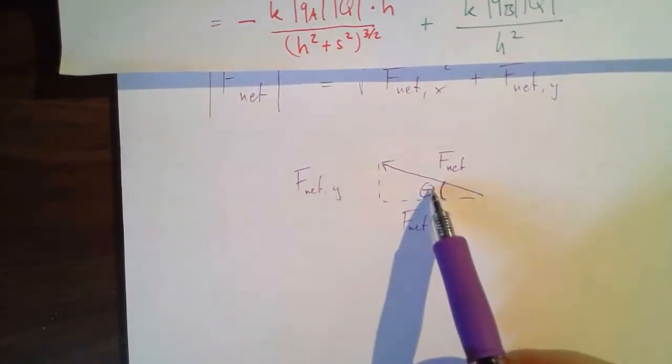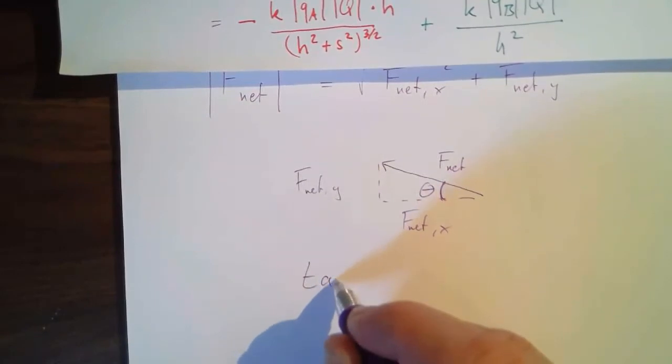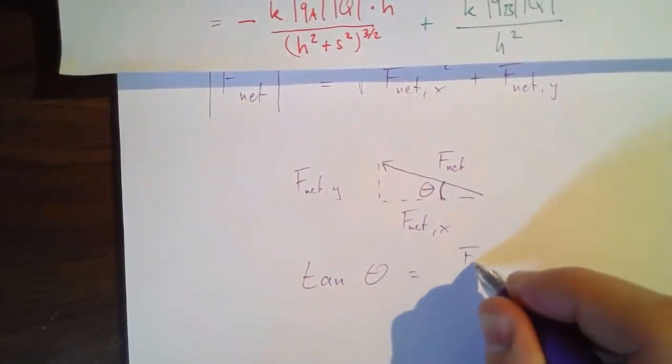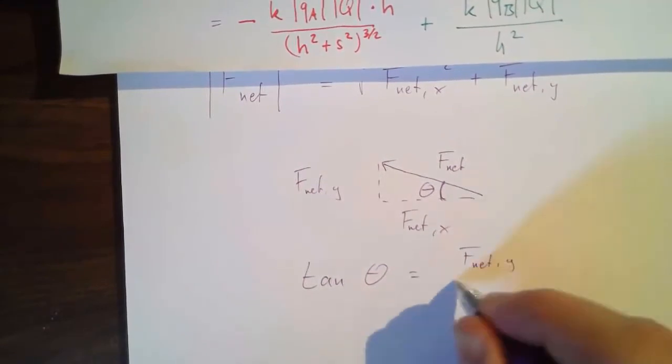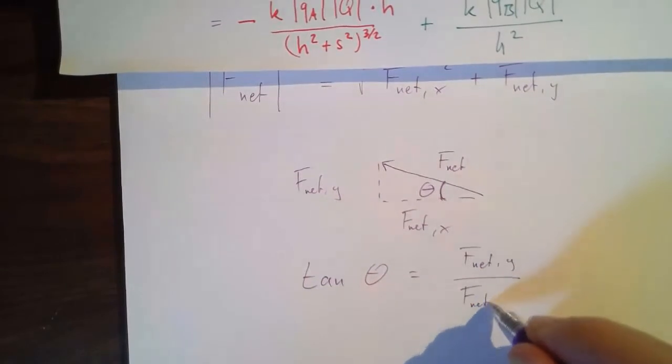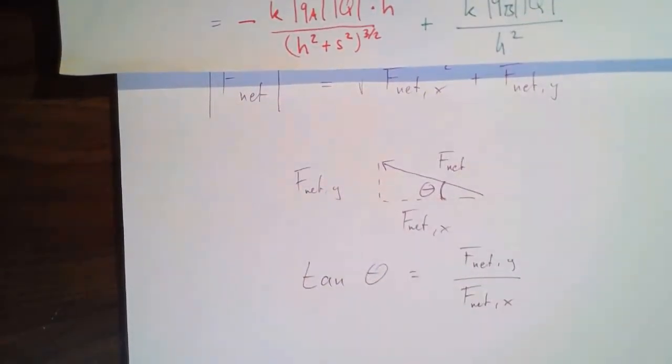So the tan of theta is F net y, opposite over adjacent, F net x. And then theta itself, well, you just work this out and take the inverse tan, the arctan of the whole thing.